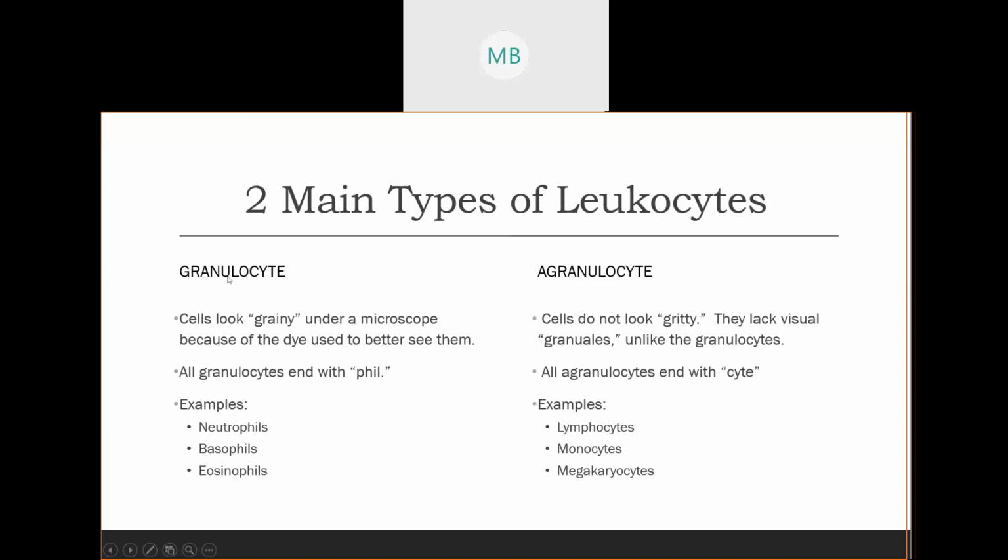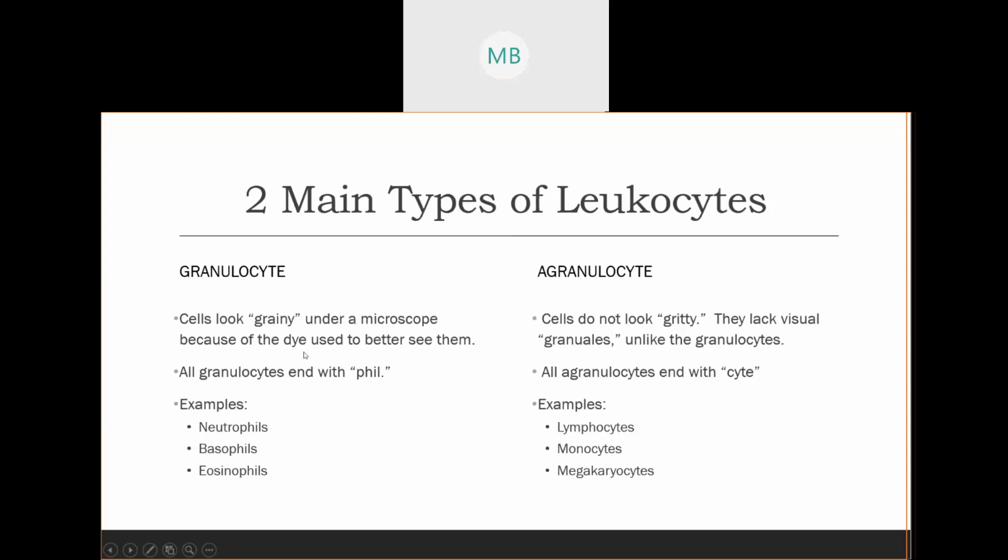So granulocytes are cells that are going to look grainy under a microscope because of the way the dye interacts with the outer proteins on the cell. Because we use dyes in these smears and little slides so you can see things a little bit better.